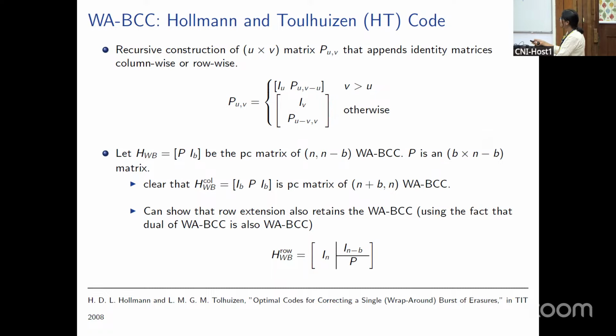And for the row-wise appending part, the way to prove this is to first make the observation that the dual of a wraparound burst correcting code is also a wraparound burst correcting code, and appending in the dual is like doing a row expansion, and then this just shows that this row expansion also results in a wraparound burst correcting code. Okay, that is how Holman and Tolhuizen actually proved these properties for the construction that they had.